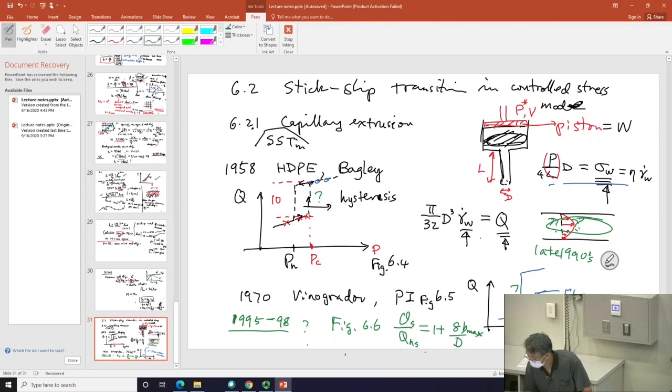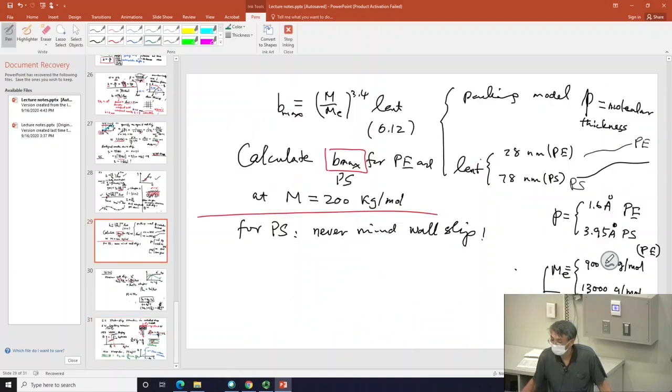And I claim that this B is maximum B. So you can see a factor of 1,000 means B is about 100 D, right? Because 3 is a factor of 10. And diameter D typically is a millimeter, so B becomes 100 millimeters. It all has to do with how much molecular weight you have, so that you could have a much larger value here.